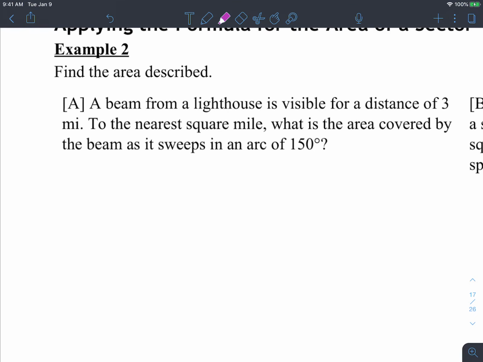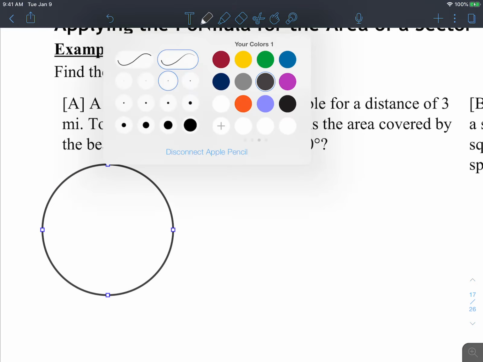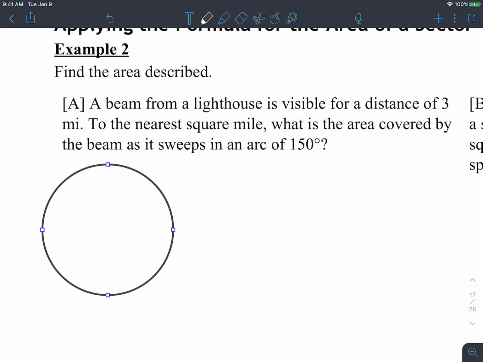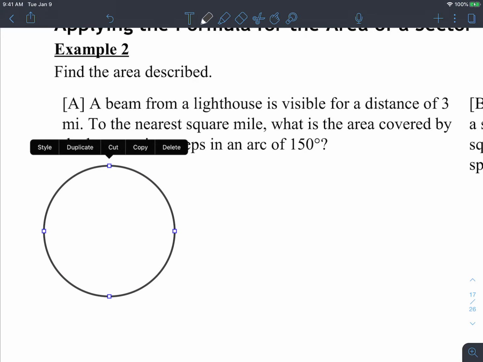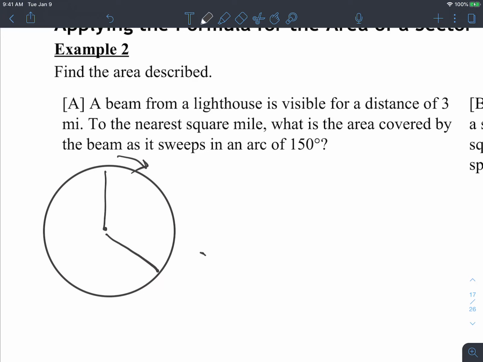Let me zoom that in a little bit, okay? So if you have a lighthouse, it's going around the circle like this. And the lighthouse is over here, right there. And then maybe it's sweeping across this way, about 150 degrees, right? About 150 degrees.